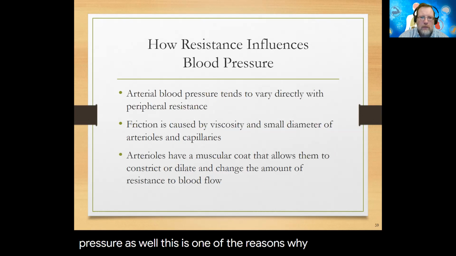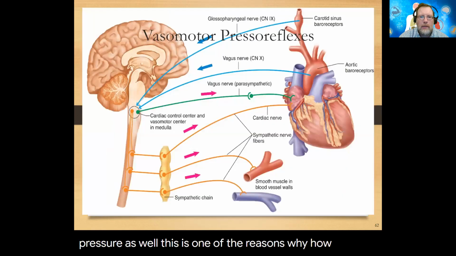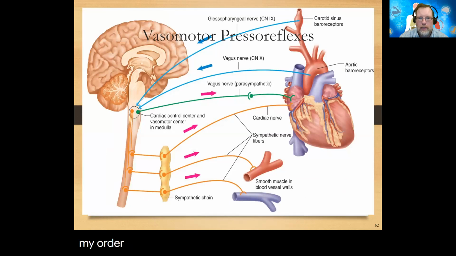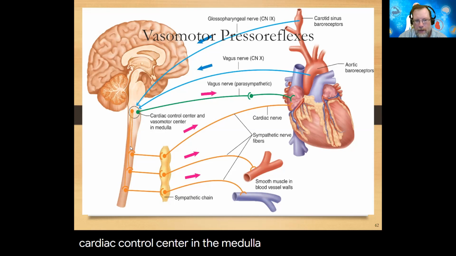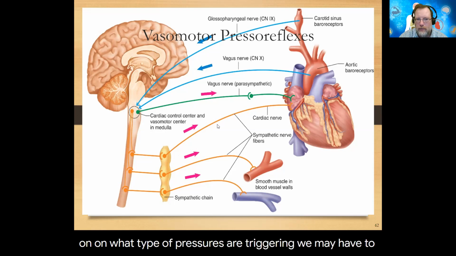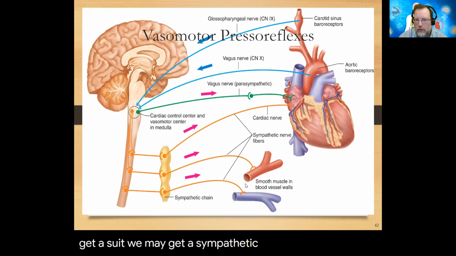So anyhow, vasomotor pressor reflexes. We've got the aortic and carotid baroreceptors sending signals to the cardiac control center in the medulla. Depending on what type of pressures are triggering, we may get a sympathetic response.